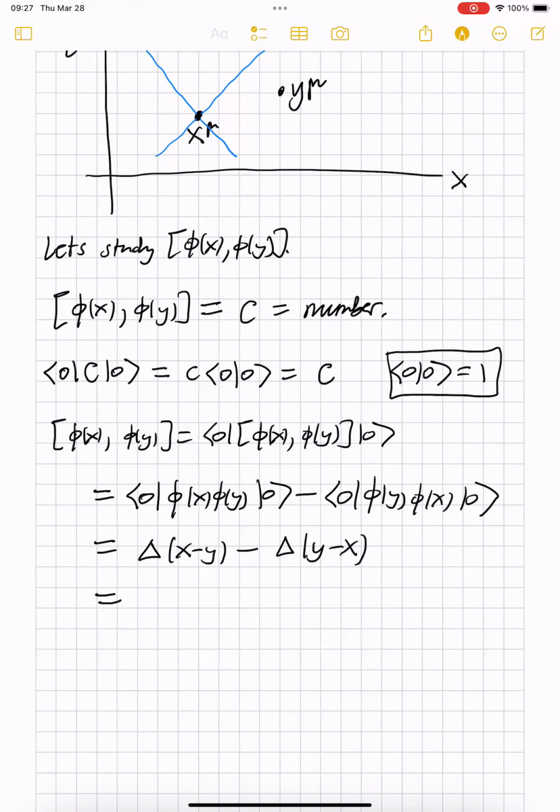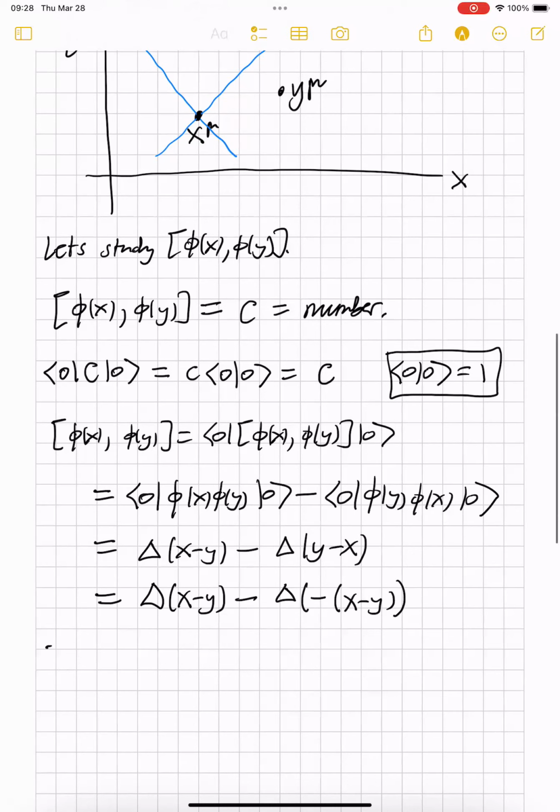Now, in the exercises, you have also studied this quantity. And if you remember, you argued that this vanishes if x and y are space-like separated. And that's because we can write this as delta of x minus y minus delta of minus x minus y. Okay, so that was the first observation.